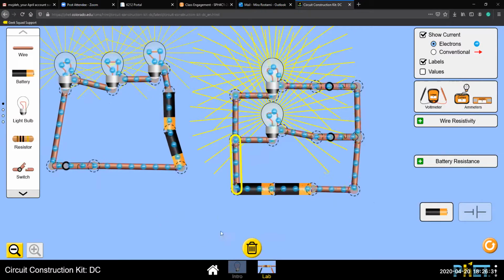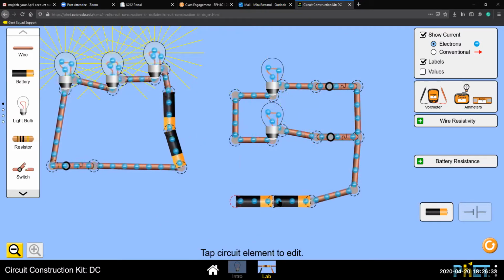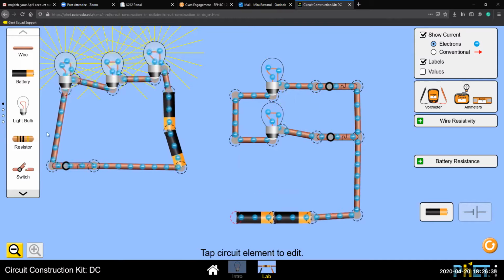If I just bring one more light bulb here, what do you think is going to happen? Right? Let's see. So I'm just going to add another bulb here in parallel.